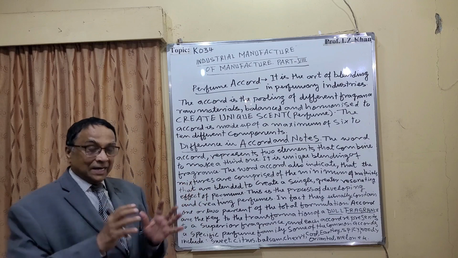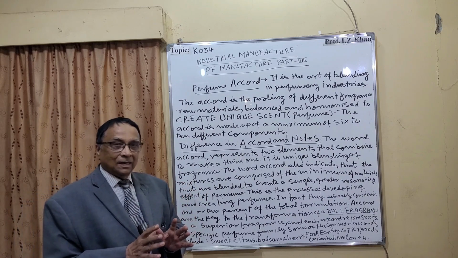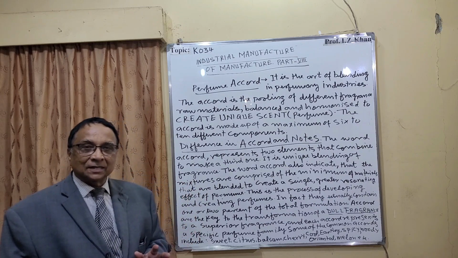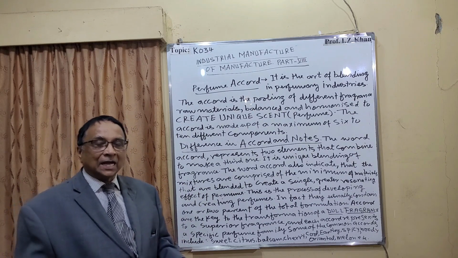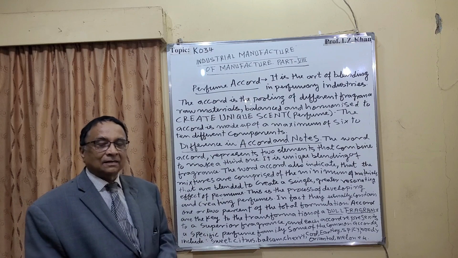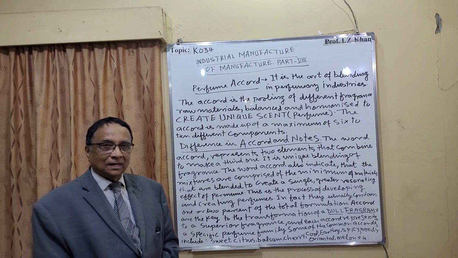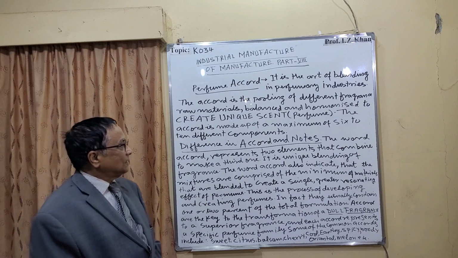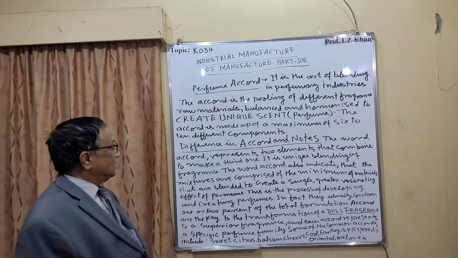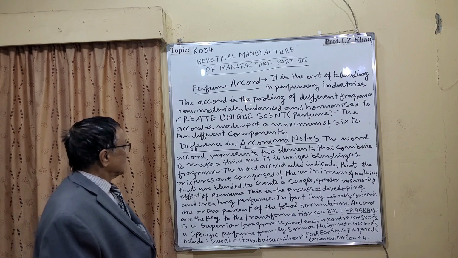Actually, it is the blending of several fragrance raw materials in order to create a unique type of fragrance. That is called a perfume accord. And the accord is made up of a maximum of 6 to 10 different components.